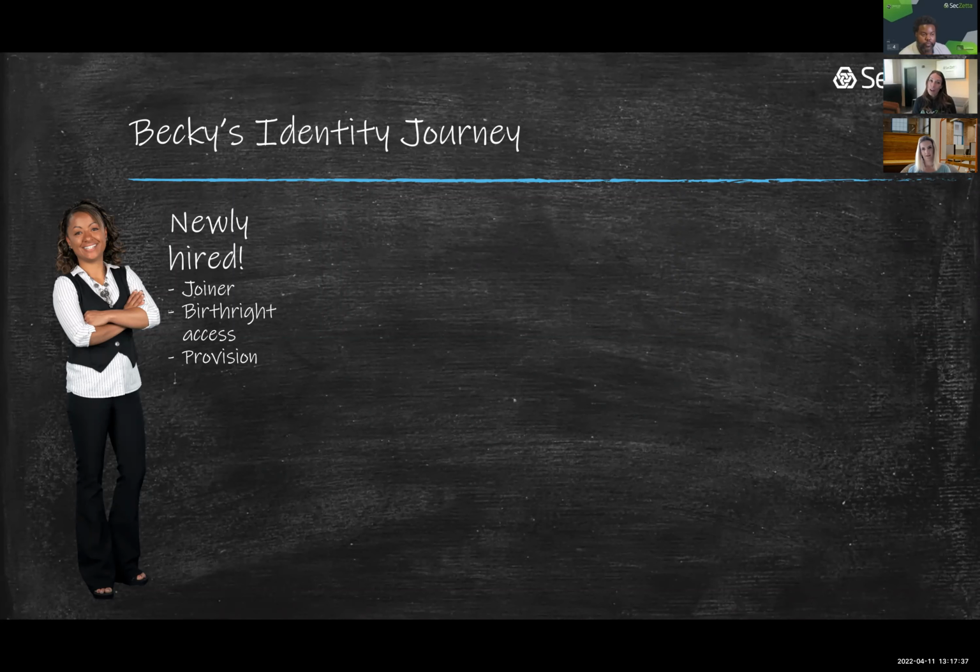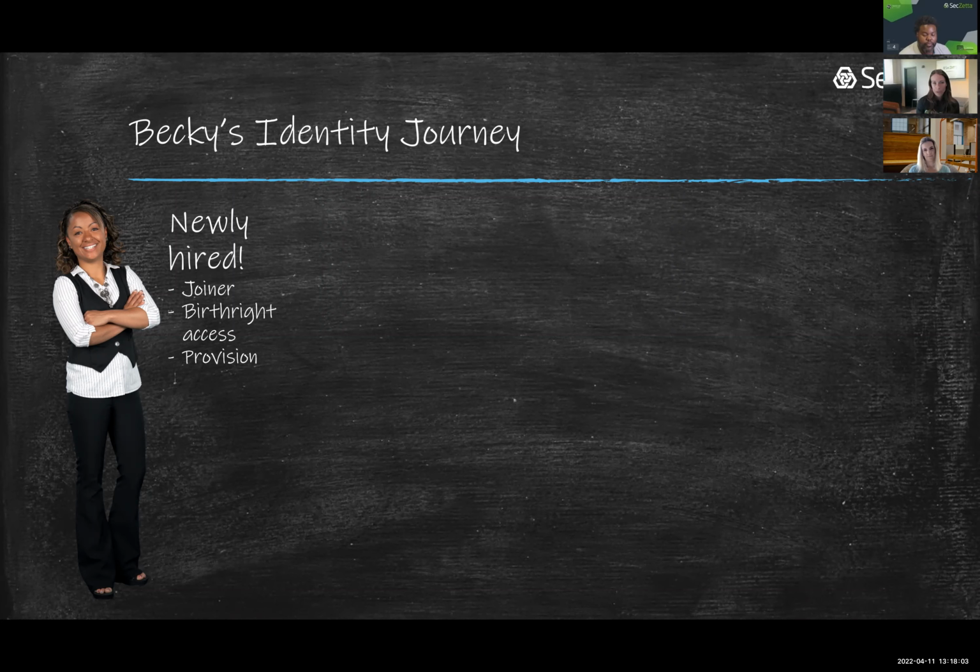And believe it or not, here at Acme, Becky is also getting all of her access kind of predetermined for her. Because she's coming in in the role that she's coming in as, and because all of that great information about Becky as an employee is going into an HR system, you can actually count on that information to help drive a lot of the access she's going to need when she gets started.